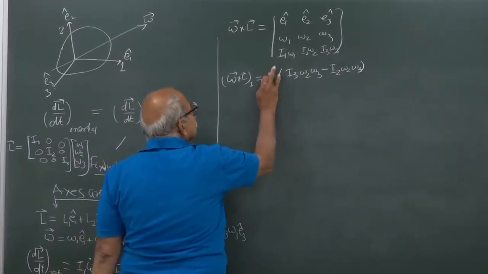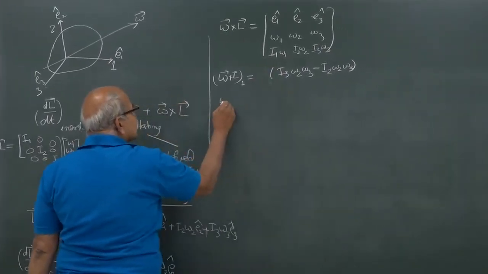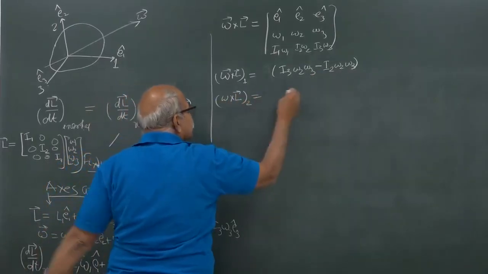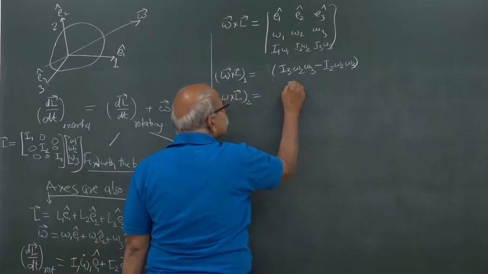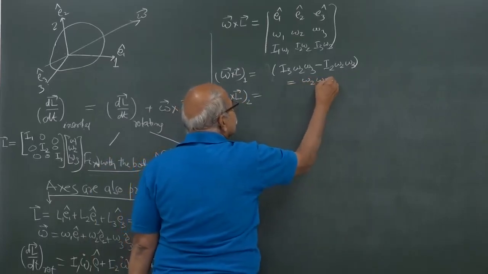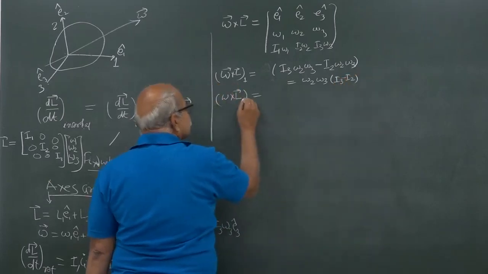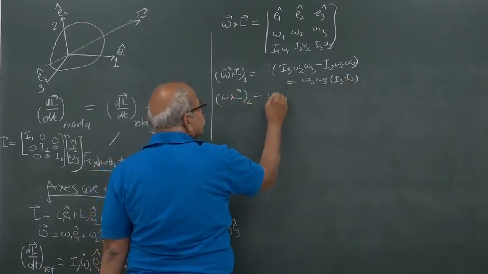Similarly the second component will be just a cyclic permutation of this. You can take omega 3 omega 1 common, and it is I1 minus I3.